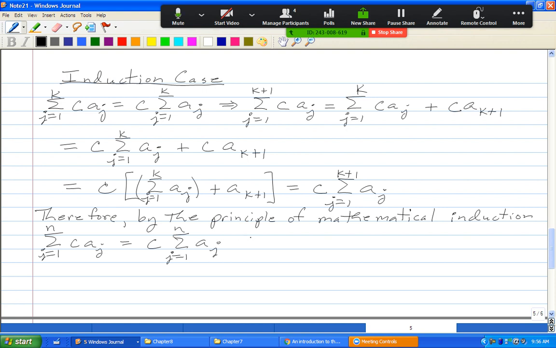And this is true for all n being a natural number, where c, well, let's just say that these are in fields. And I'm done.